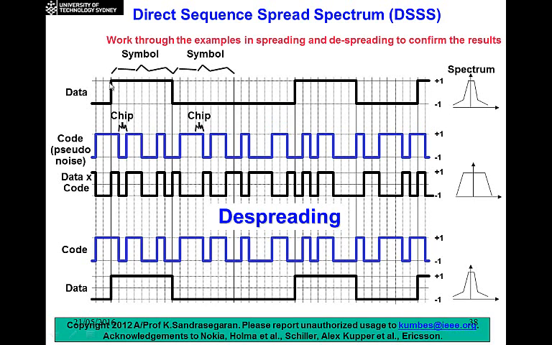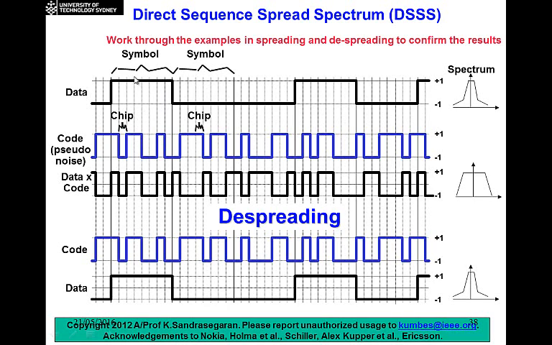So what we do is we take the data that we want to transmit, which is essentially a narrowband signal initially, and we multiply it by a chipping sequence. In this case you can see this data 10 is multiplied by a chipping sequence corresponding to 10110010. That's the chipping sequence that we use.